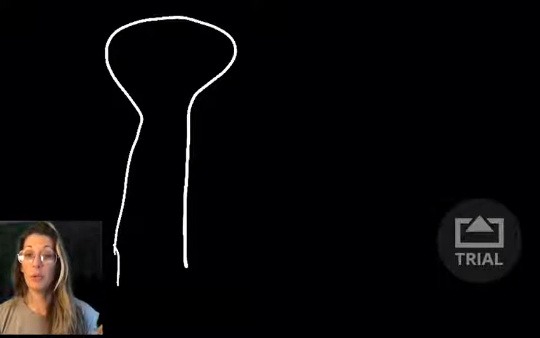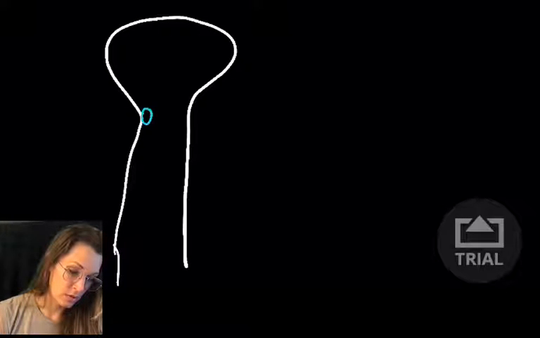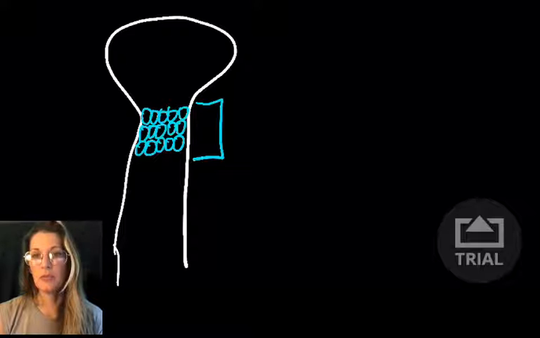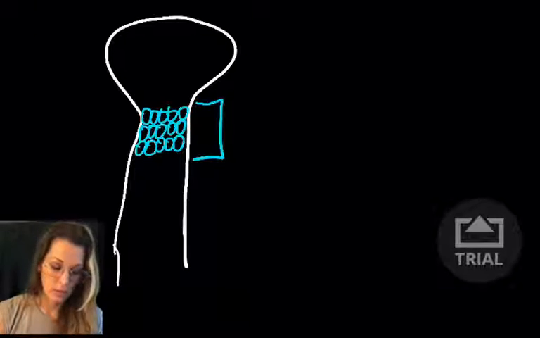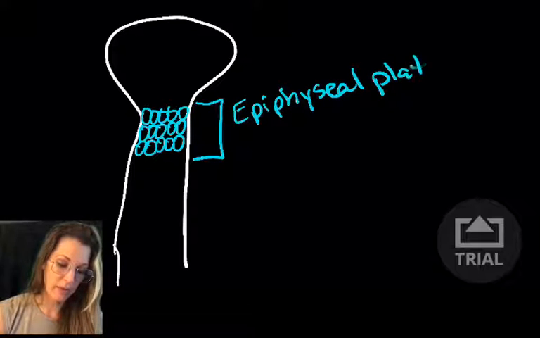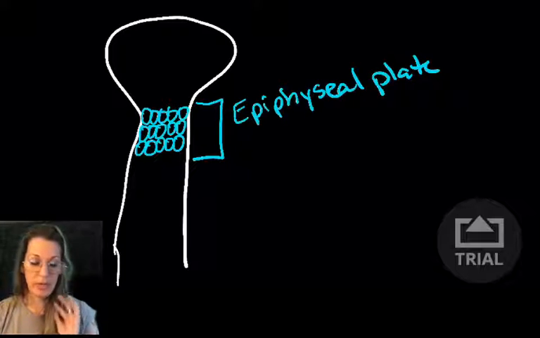But in your long bones, so like your arm bones, your leg bones, the parts of your bones that cause sort of height growth, you have this section toward the end, right here, that you'll often hear referred to as your growth plate. It's the epiphyseal plate. Different people pronounce it different ways.